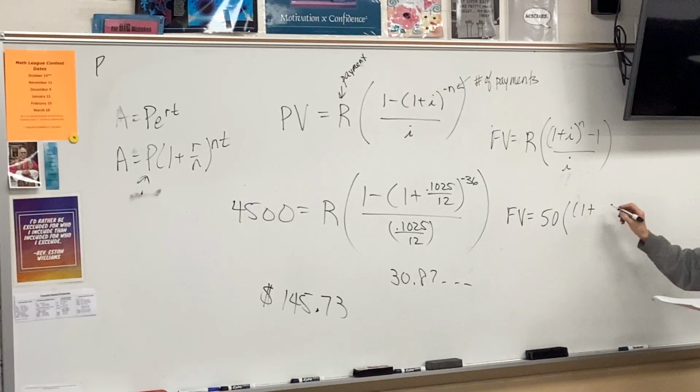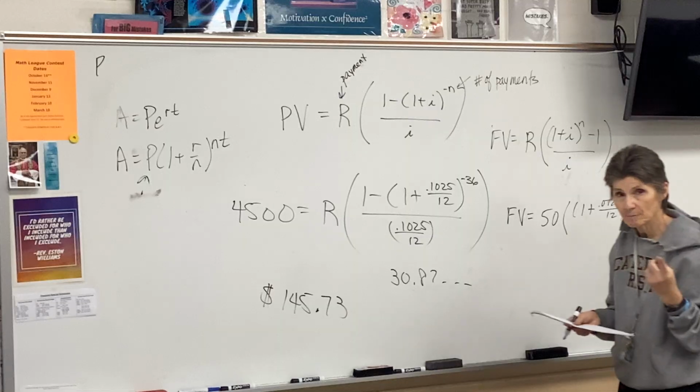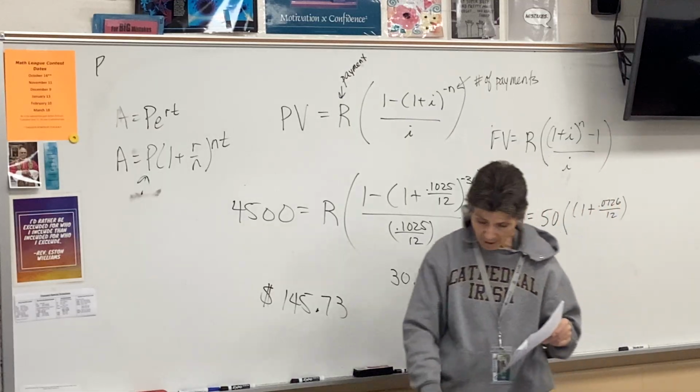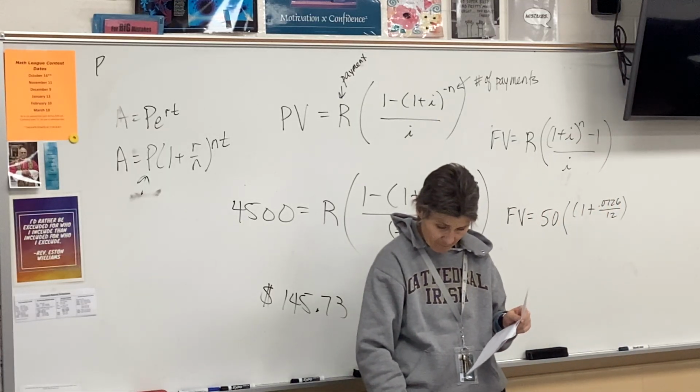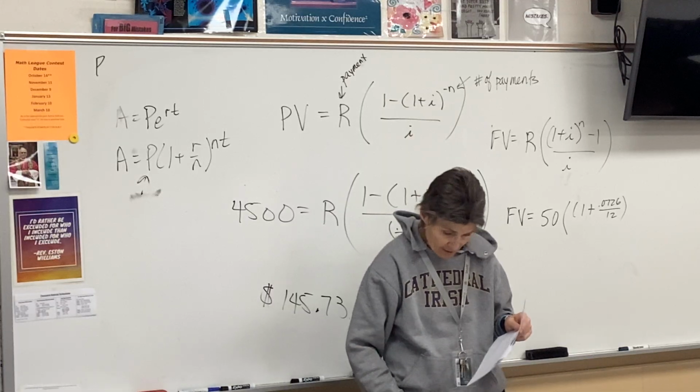Her interest rate is 0.0726, and it is monthly, so we'll divide that by 12. She is going to do this 12 times a year for 25 years, so that is 300.